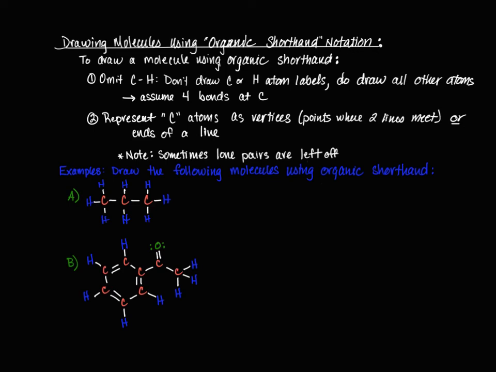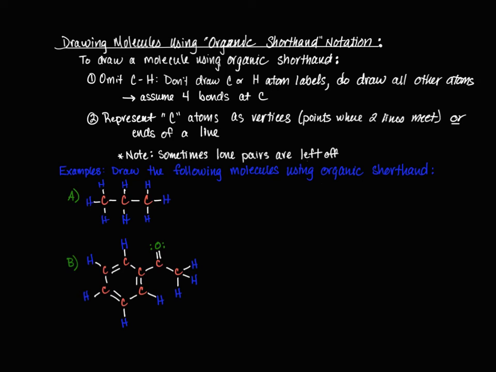The first is that we're not going to draw any carbon or hydrogen atom labels. We are, however, going to draw all other atoms like oxygen, nitrogen, sulfur, etc. All right. So that means that some carbon atoms will look like they have fewer than 8 electrons around it.